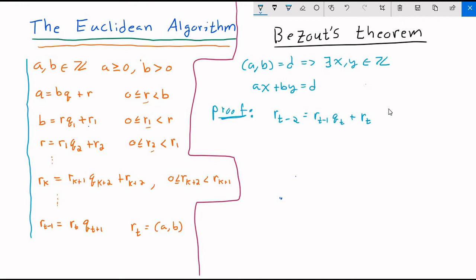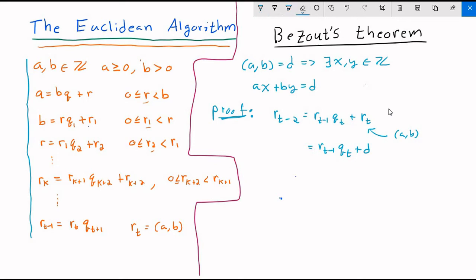And we know that r sub t, the Euclidean algorithm told us, was the GCD of a and b. So, in other words, we could rewrite this as r sub t minus 1 multiplied by q t plus d, where this is the GCD.